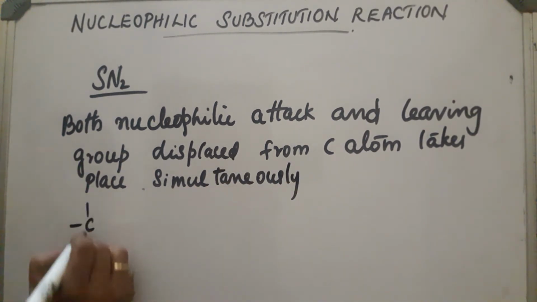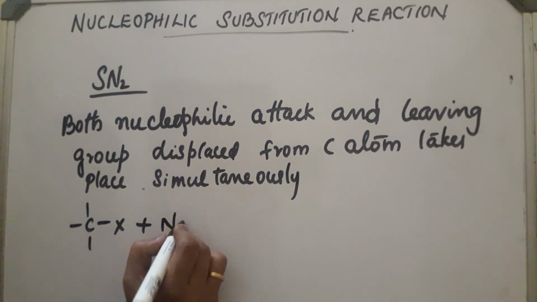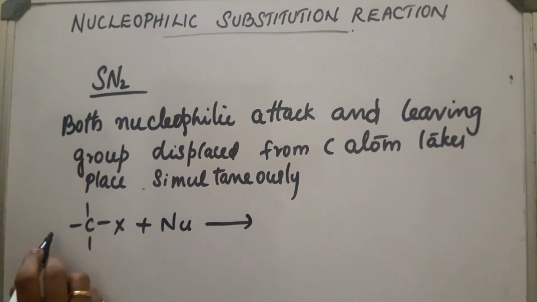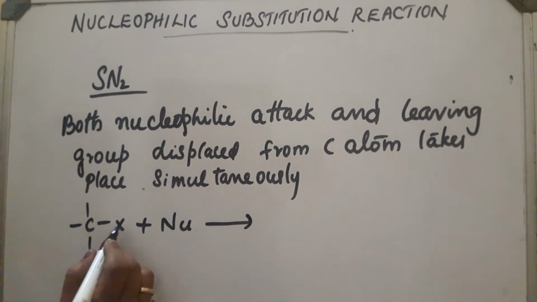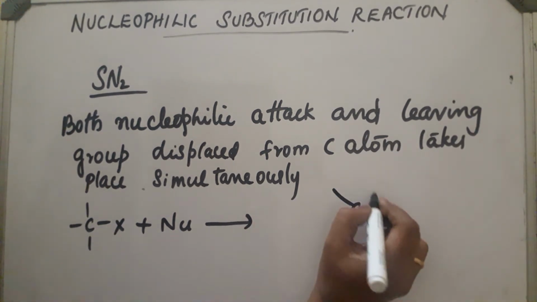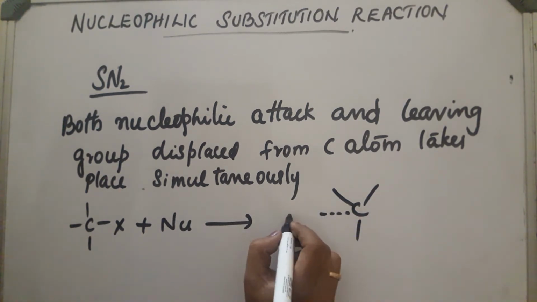The nucleophile will come and attack in the direction opposite to the leaving group. So the intermediate, or transition state, will be like this. Here the nucleophile comes, here the substrate. The next step is the displacement of X, so the compound will again have the nucleophile like this.